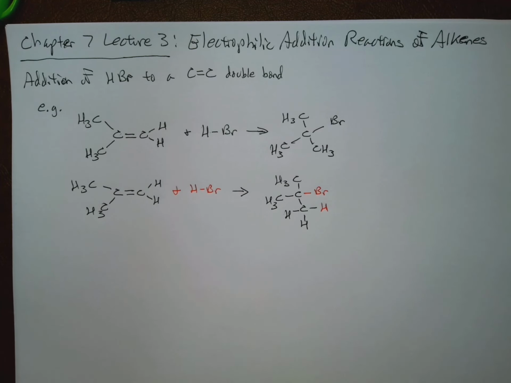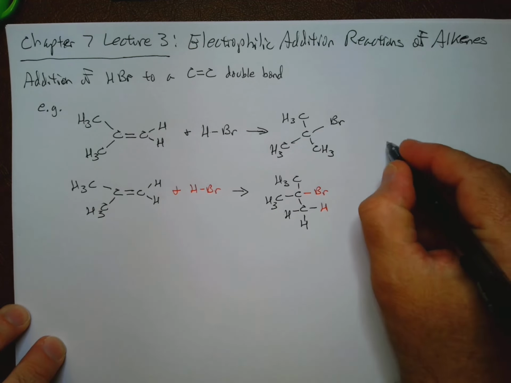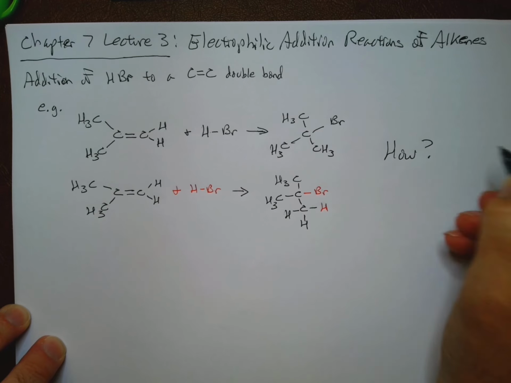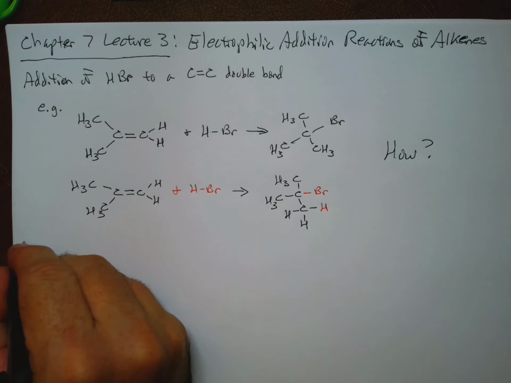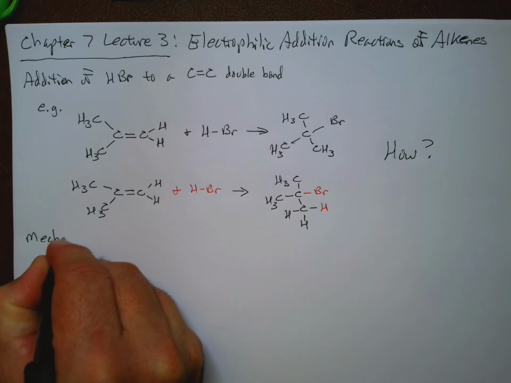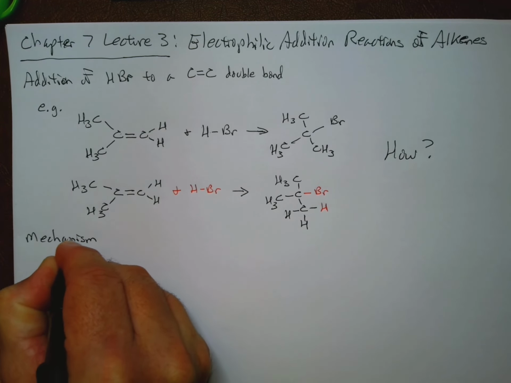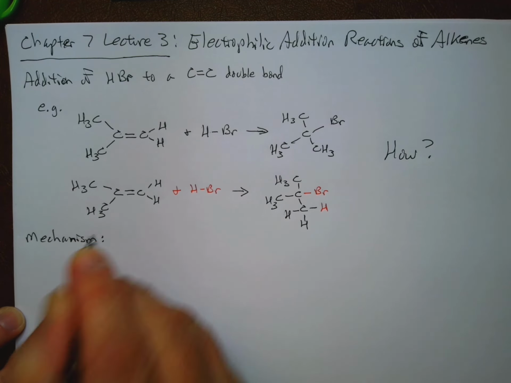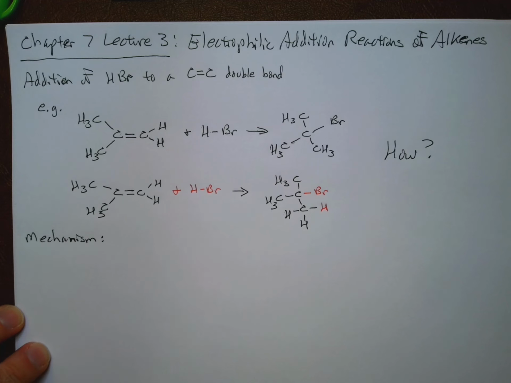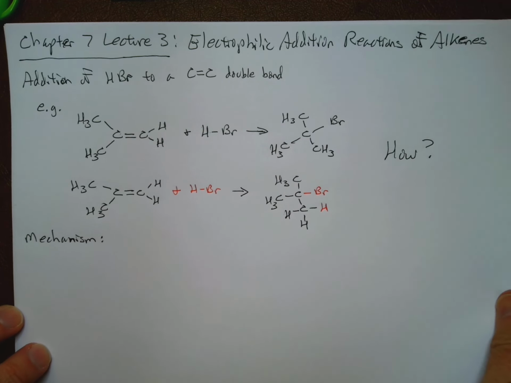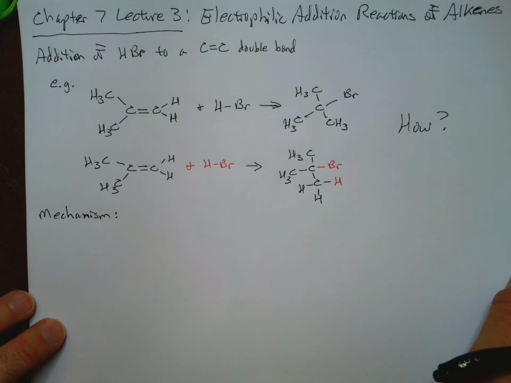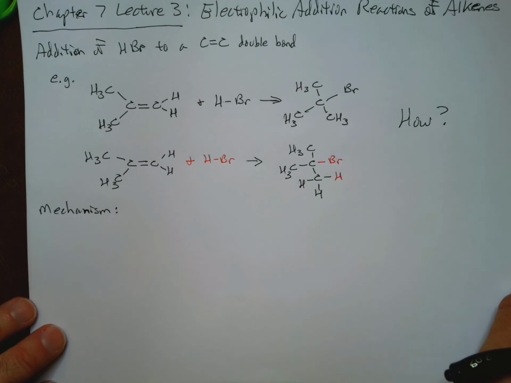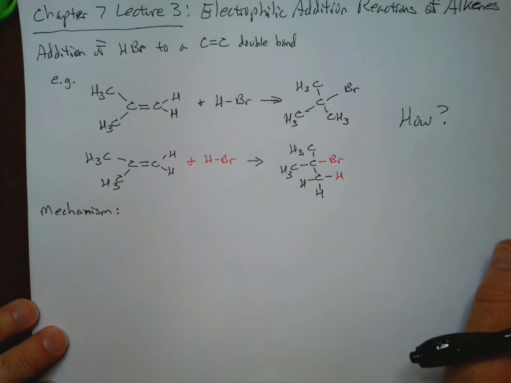Now, the question is, how does this happen? The answer to that is the mechanism. And the mechanism that is consistent with experimental observations, and we'll talk more about that a little bit later.